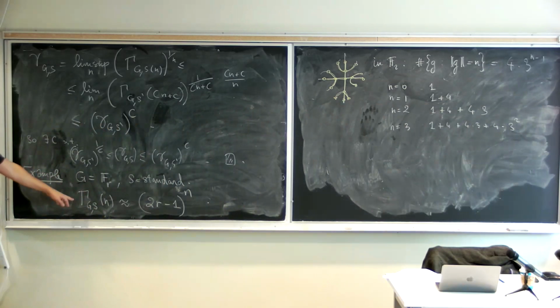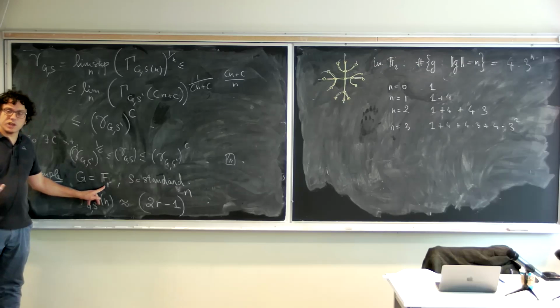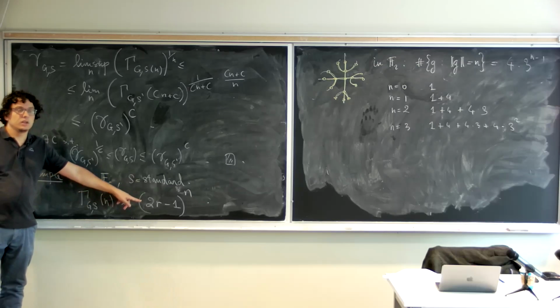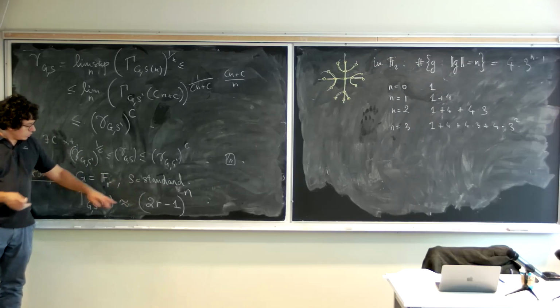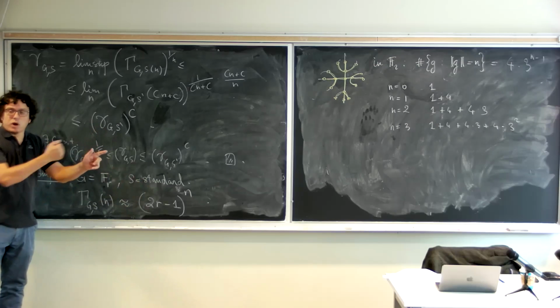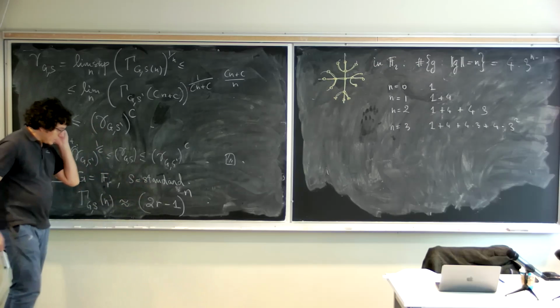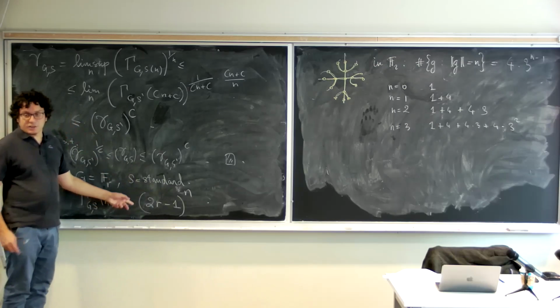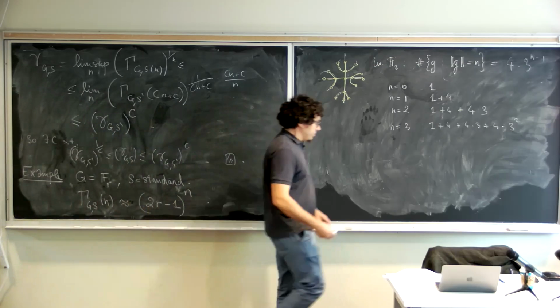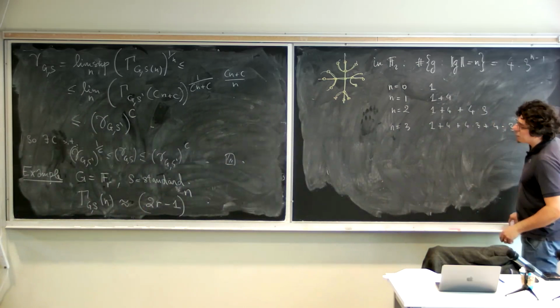Because you have r generators and their inverses, so you get 2r, and then you have 2r minus 1 outgoing directions, and 1 is coming back. What the constant is here is an exercise one can figure out, but definitely this is a group of exponential growth.